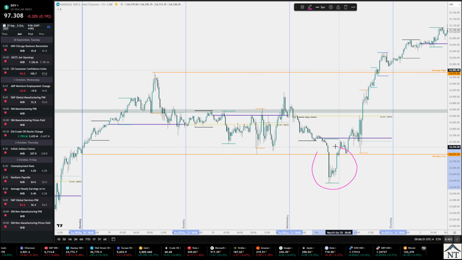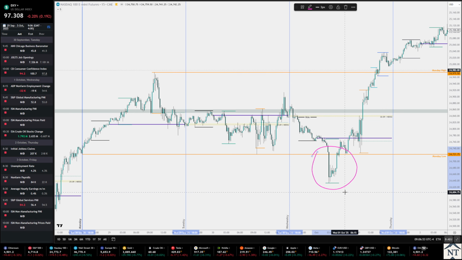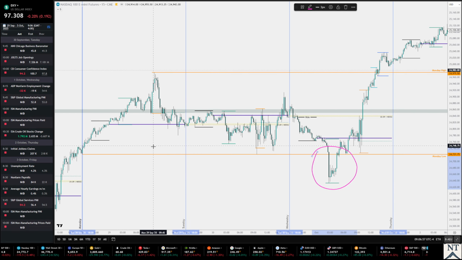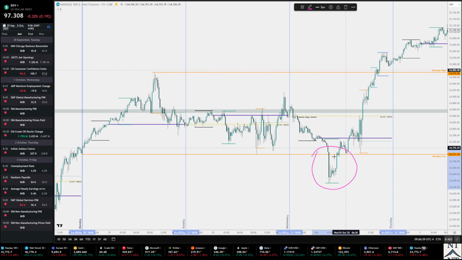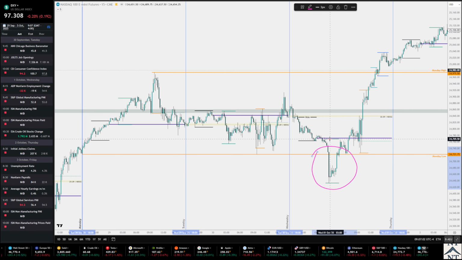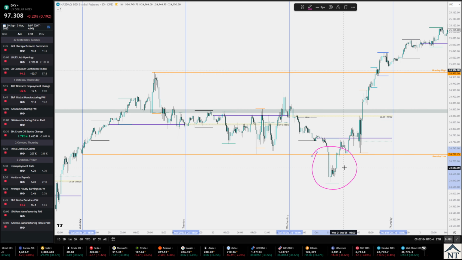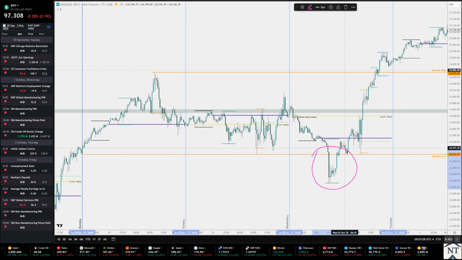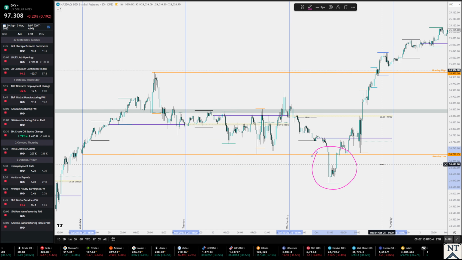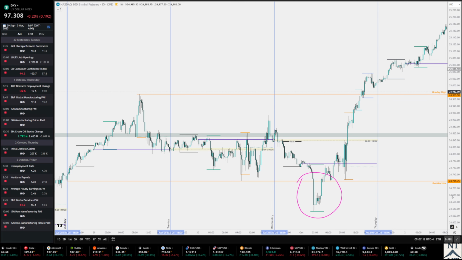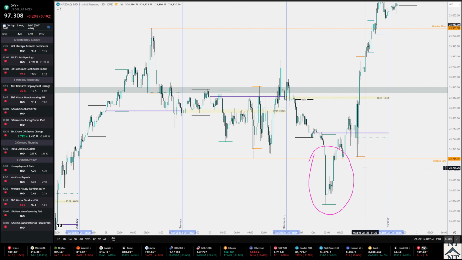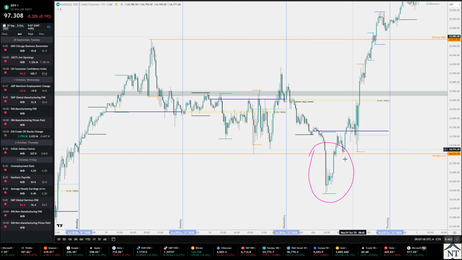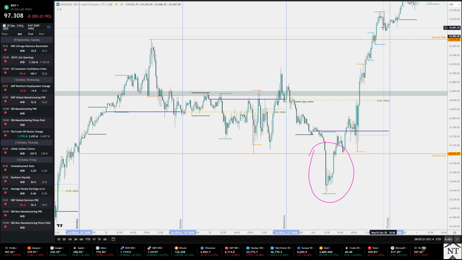We have run widely the stops of Monday low, so this is the range during the night, during London session. These are protected lows. Okay, we don't want price to trade again in this zone, but we took this area out, so we have enough liquidity to run higher for the week.